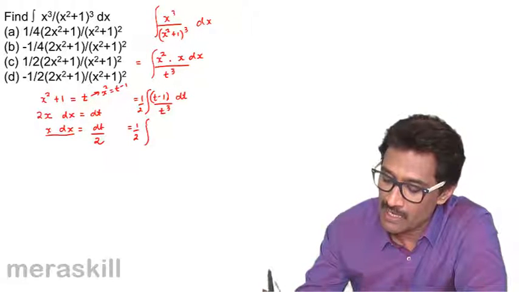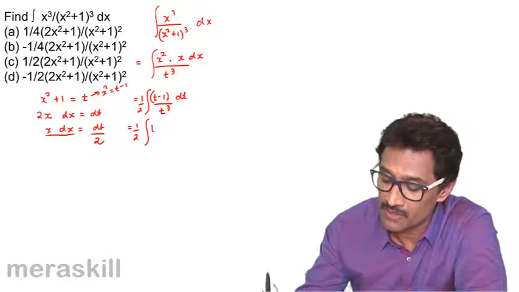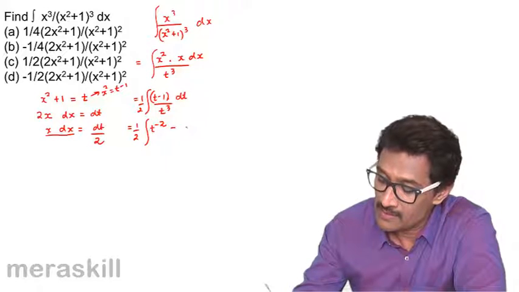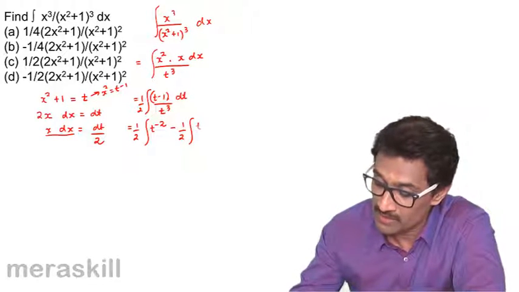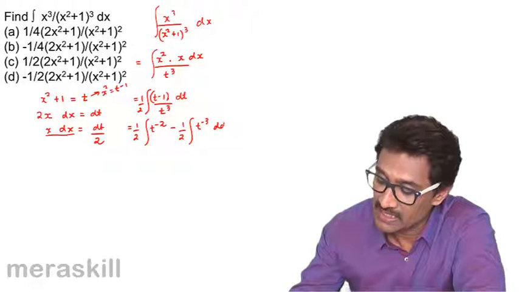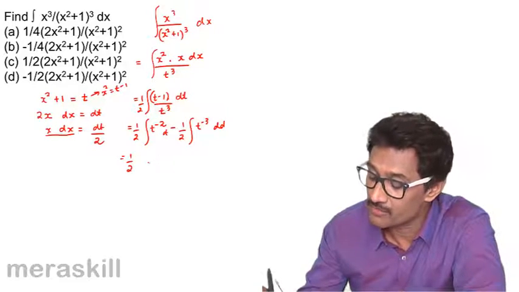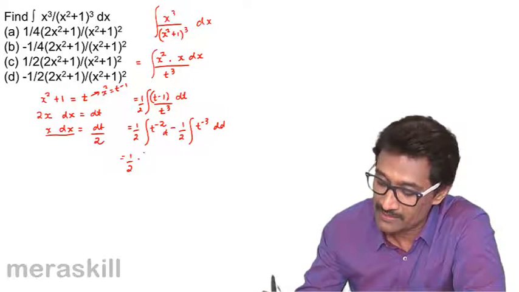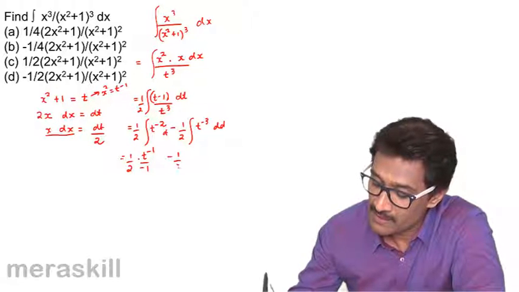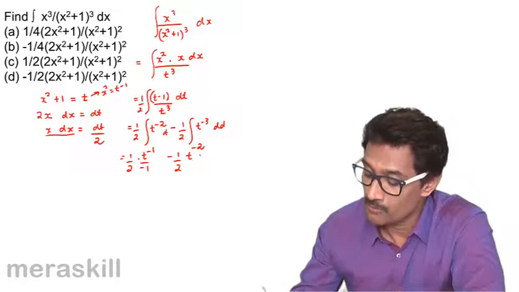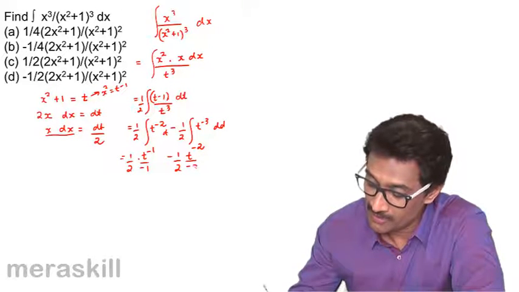This is nothing but half of t upon t cube, which is t raised to minus 2, minus half upon 1 by t cube, that is t raised to minus 3, dt. Which is nothing but half into t raised to minus 1 upon minus 1, minus half into t raised to minus 2 upon minus 2.